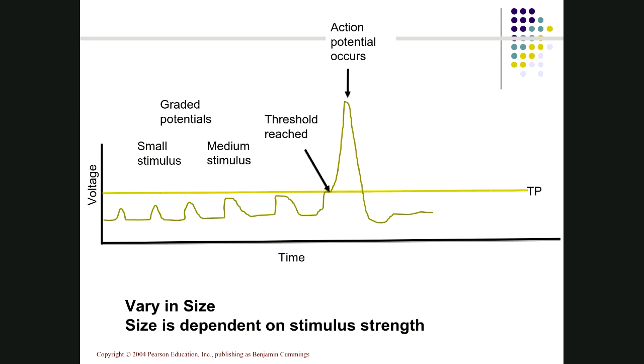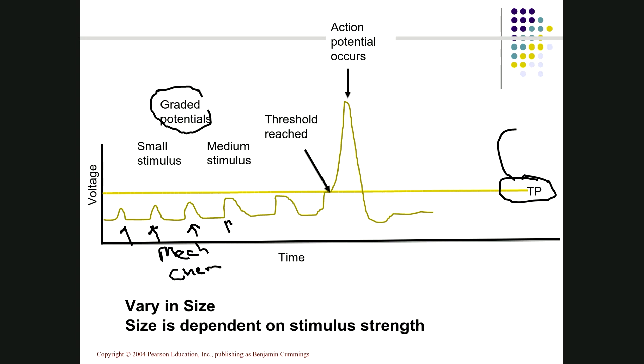And so look at these. Remember we talked about graded potentials and how they can come in different sizes. Those are all graded potentials. And remember they happen when we open a mechanical or chemical gated channel. But none of these graded potentials reached threshold. And so remember, this is where voltage gated channels become involved.